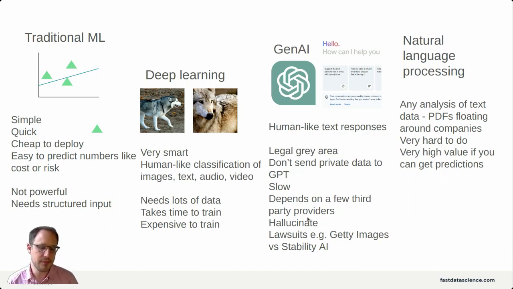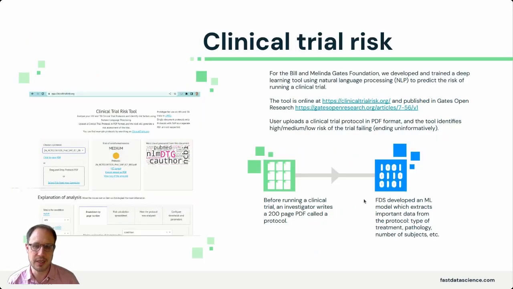It's very hard to do. Natural language has all kinds of patterns that are very hard to model, but this also gives you high value if you can get some useful and meaningful predictions using a natural language processing model, especially if you can build some kind of hybrid AI combining natural language processing and traditional machine learning.